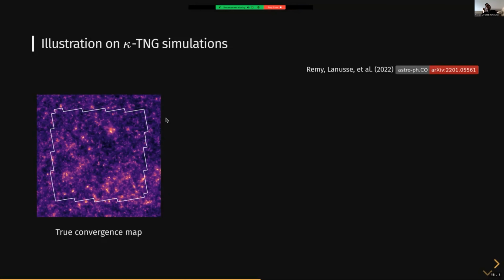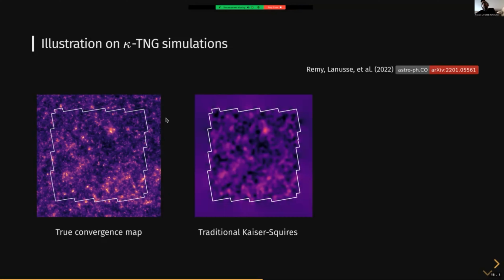Okay. So here is what the traditional reconstruction algorithm would do in this particular instance. You see that outside of the survey region, there is no information, so it goes to 0. But inside of the survey region, I don't get all of the small details that I had in my input data. And this is because here, there is no actual way to put strong priors about your solution.